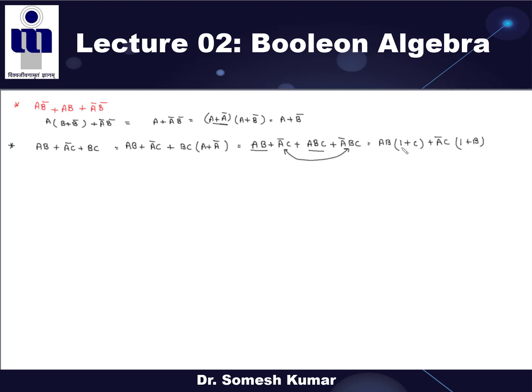From the identities, what is 1 plus C? What is 1 plus B? 1. So the final expression is AB plus A bar C.